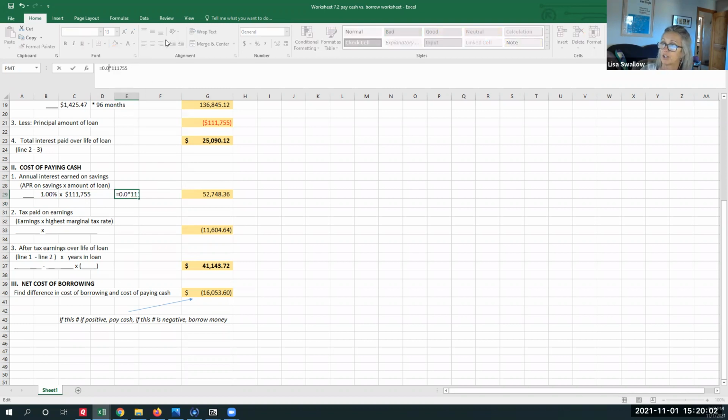That would probably even be good. Then all of a sudden, oh my goodness, it's only costing me $6,900 in lost after-tax interest income, and it's costing me 25 grand to borrow. Well, clearly in this situation, I'm going to use my cash to do it.